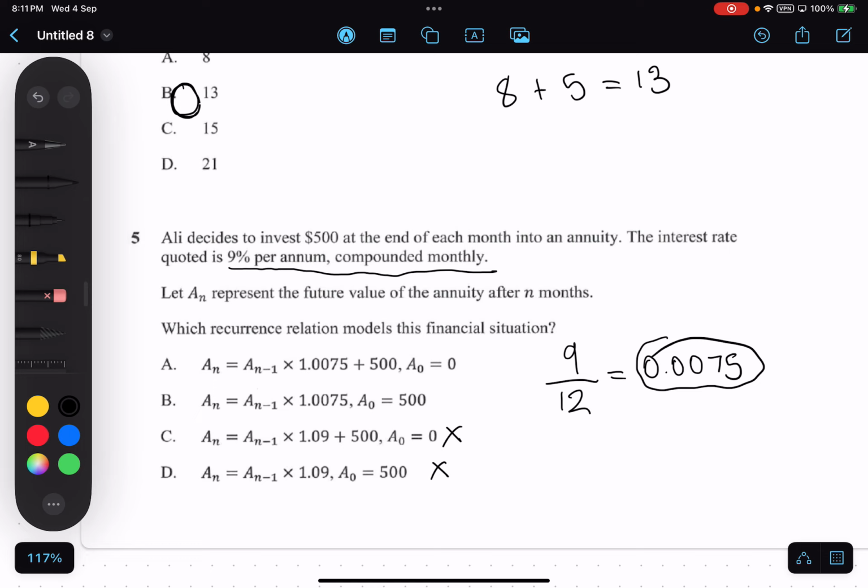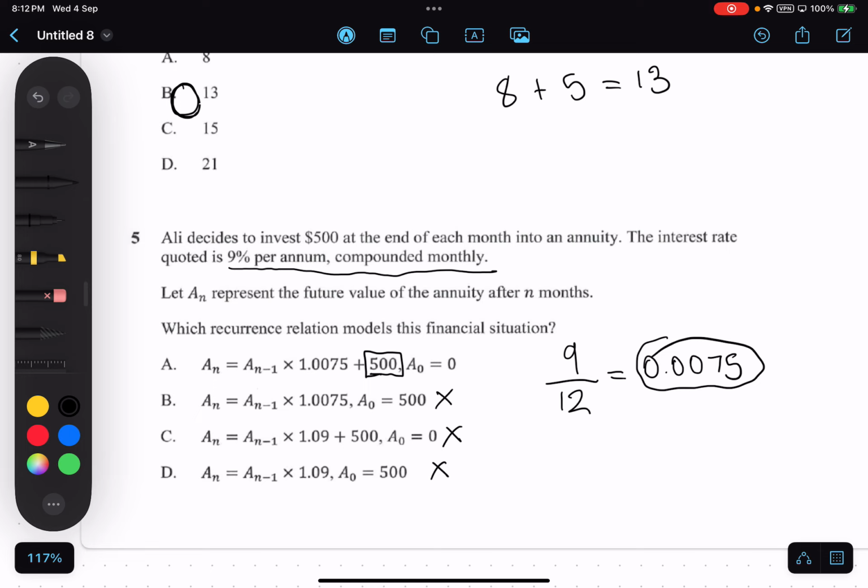The thing that made me distinguish between the two is that B says that A_0 is 500, which is wrong, because you'd start adding $500 in the first month. Also, at the end of each month, that's when they add $500 more into the annuity, which will compound interest in the next month.